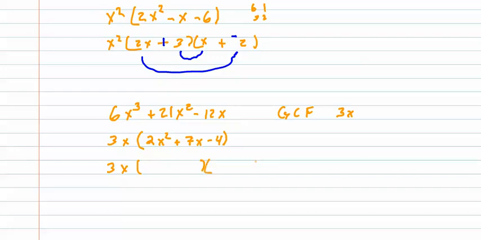to factor this. 2x squared, obviously it's 2x and x. Minus 4, it's either 2 and 2 or 4 and 1. I can't put a 2 here because I have no common factor of 2 in this.